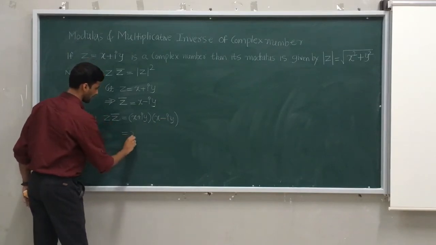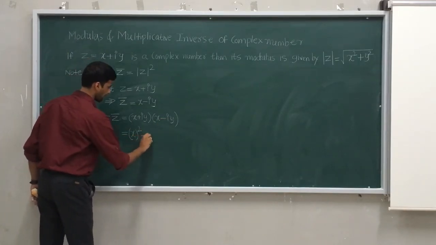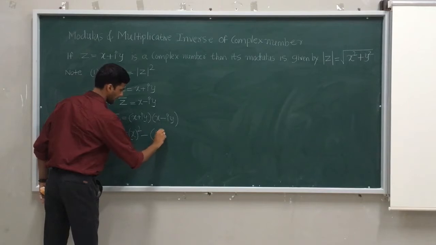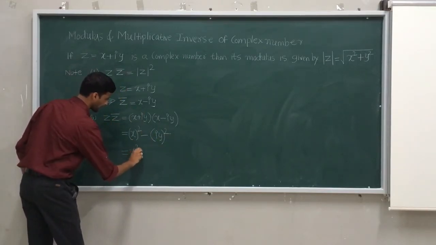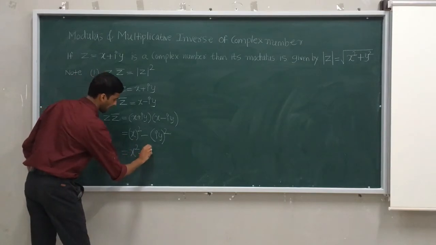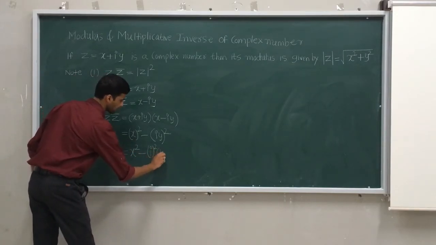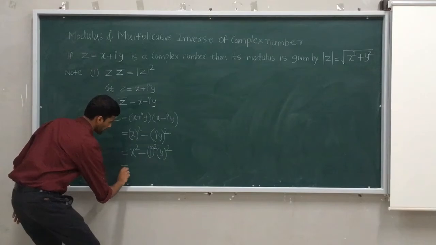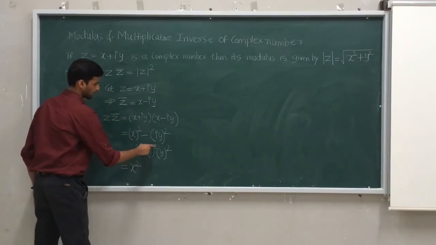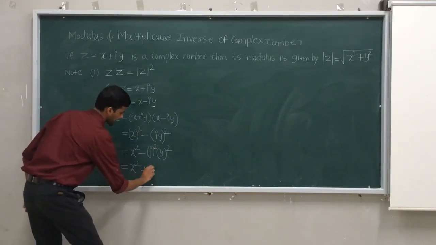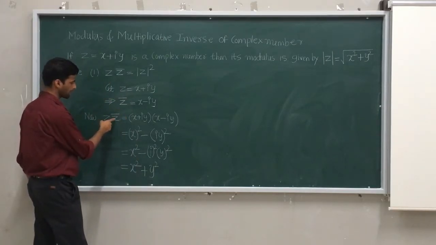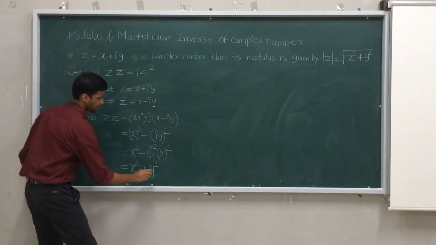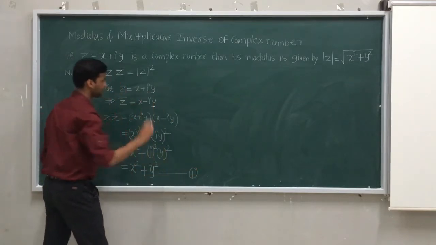We all know that it is a square minus b square, where b is iy, which is x square minus i square into y square. I square is minus 1, minus minus becomes plus, so x square plus y square. I got z into z bar is x square plus y square. Call it equation number 1.